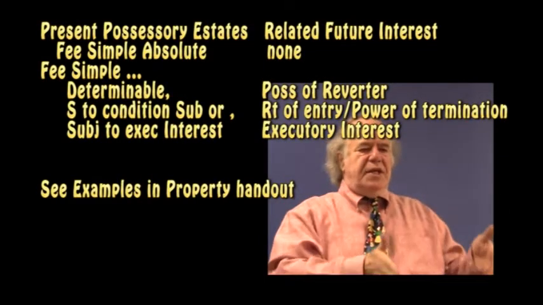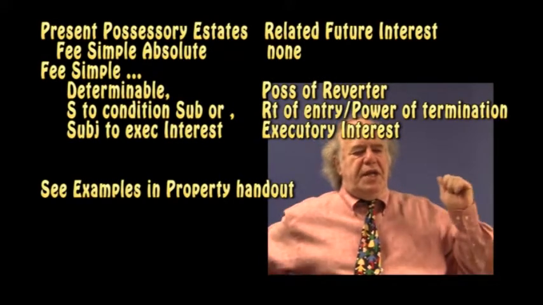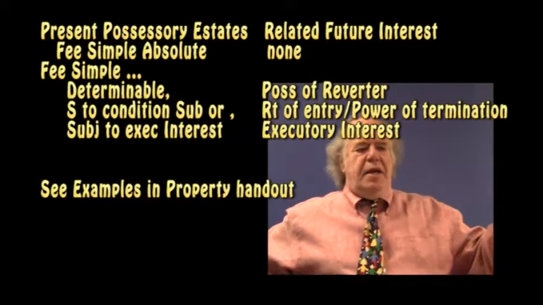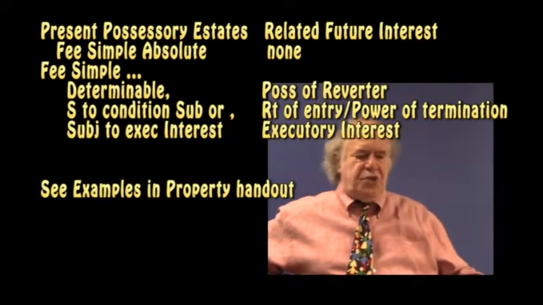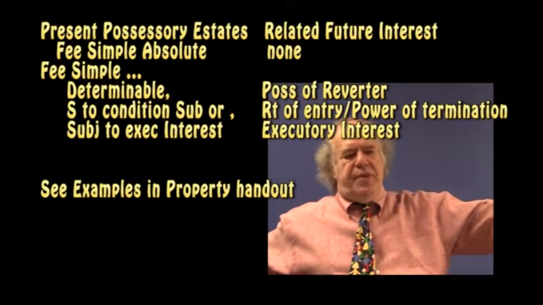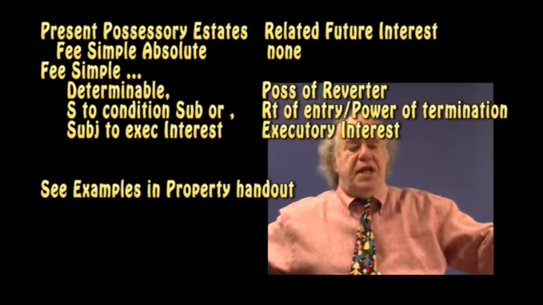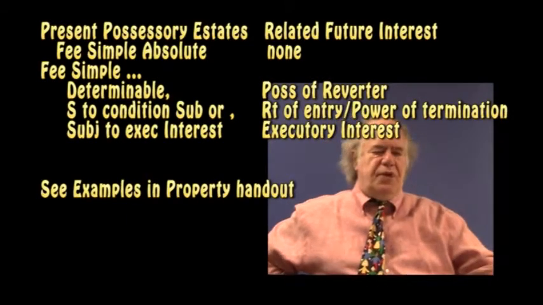So any of these things that cuts short a fee simple is going to be followed either by an interest retained in the grantor or devisor. If it's retained in the grantor after a fee simple determinable, it's called possibility of reverter. If it's retained in the grantor after a fee simple subject to a condition subsequent, it's called a right of entry, power of termination.